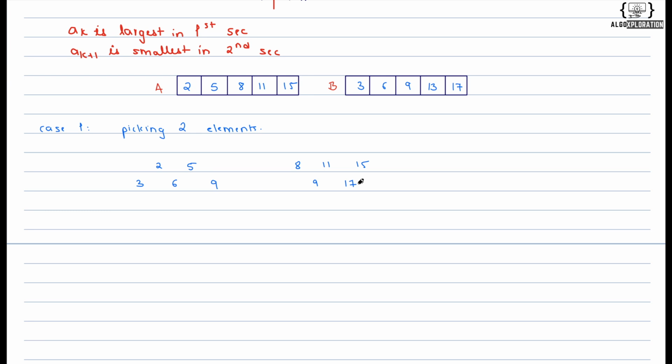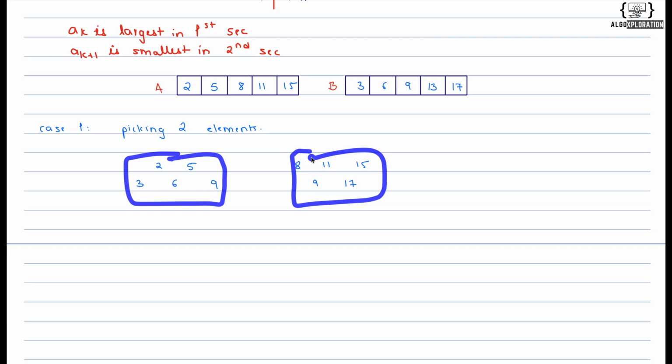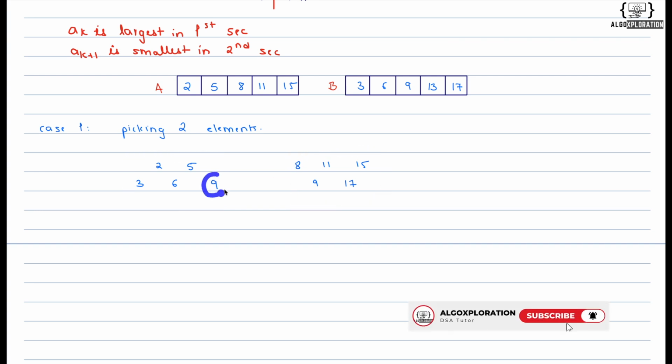With the help of the partition, I will take the largest from this and the smallest from this. If I need to find the median, I just need to find the middle element. Now if I'm picking this 9, which is the largest in the first section, and 8, which is the smallest in the second section, I can just find the median of that.